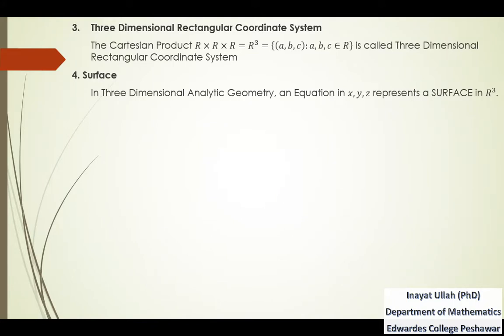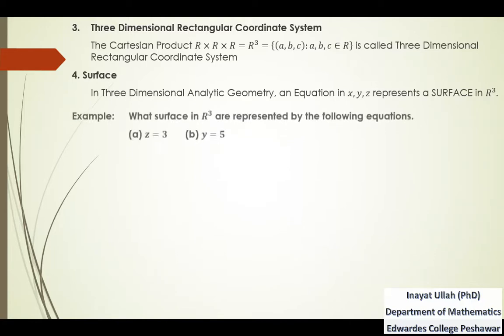You can plot a square or a circle on a wall, because these are two-dimensional figures. But a book or a football cannot be drawn on a wall; it is in the 3D space. All the surface of that football is made of x, y, and z. So these kinds of figures are called surfaces.